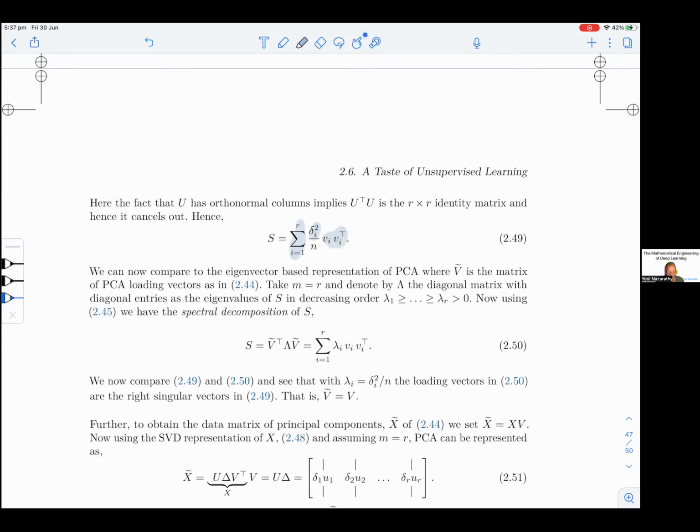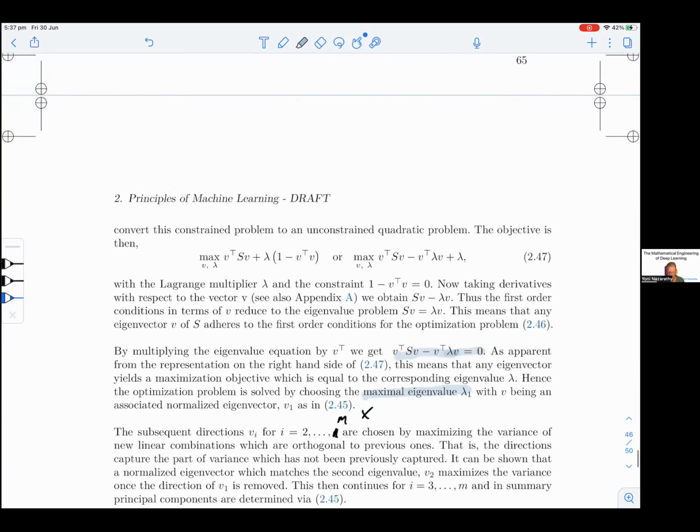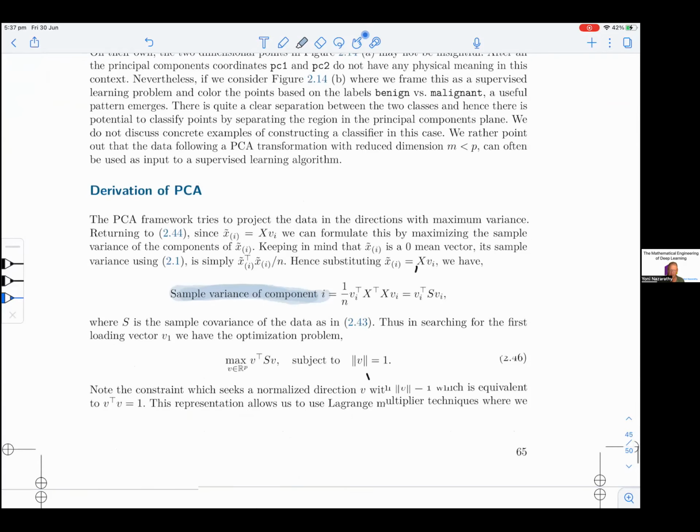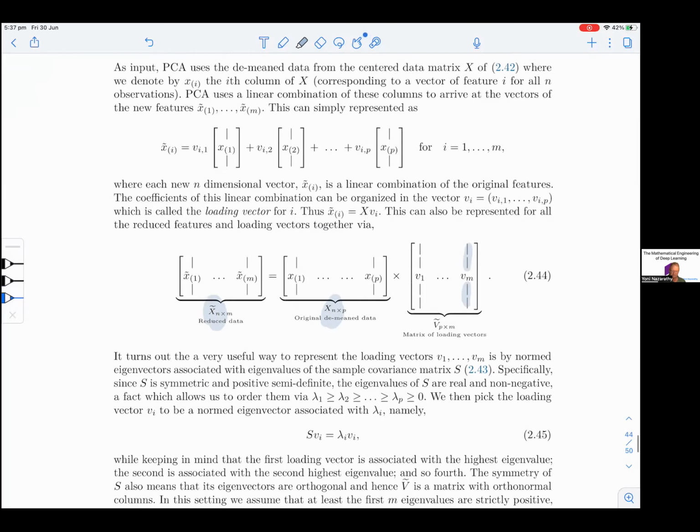We can now compare to the eigenvector-based representation of PCA, where V tilde, the matrix of PCA loading vectors, is in 2.44. So let's again look at 2.44. 2.44 was this key equation representing PCA, taking the de-meaned data, multiplying it from the right by the matrix of loading vectors, and getting the reduced data.